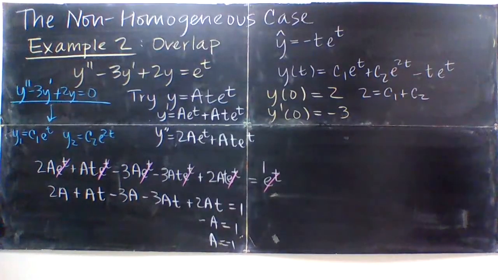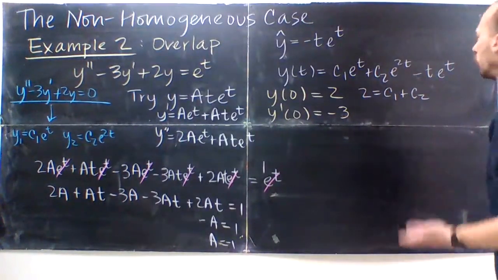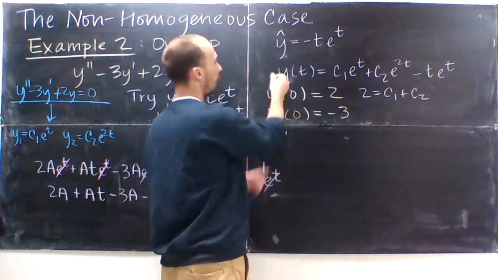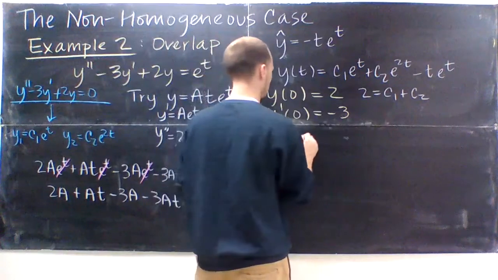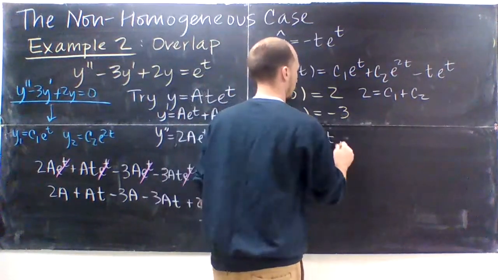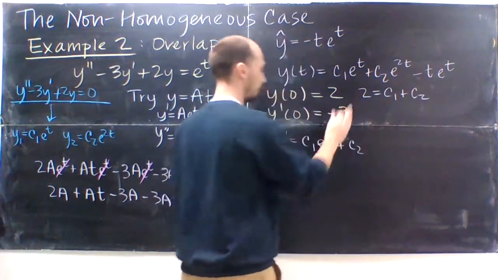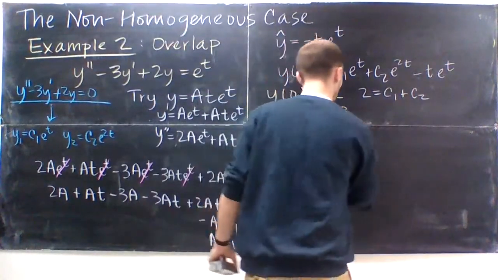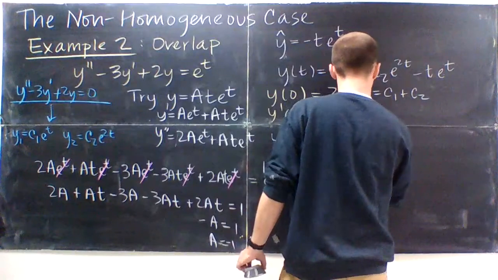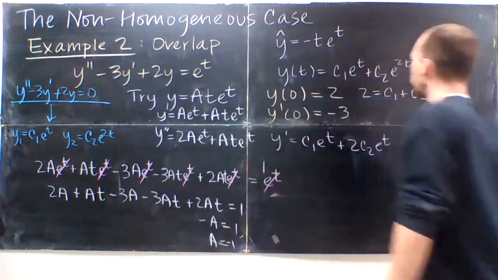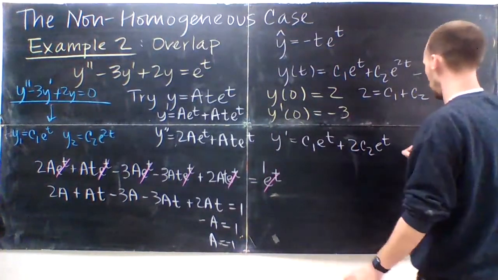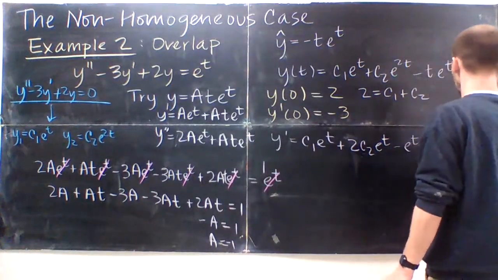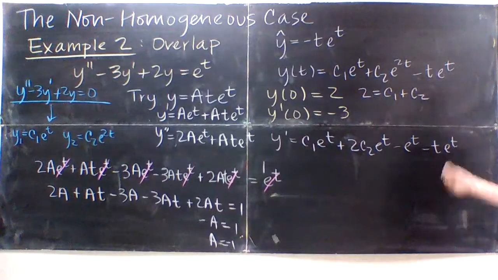Okay. And if y prime of 0 equals negative 3, well, I'm going to need to take y prime. y prime is going to be c1 e to the t, 2c2 e to the 2t, minus e to the t minus t e to the t from the product rule.